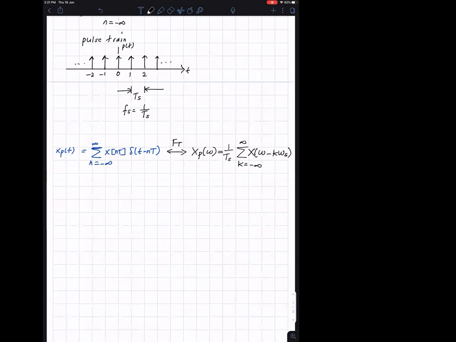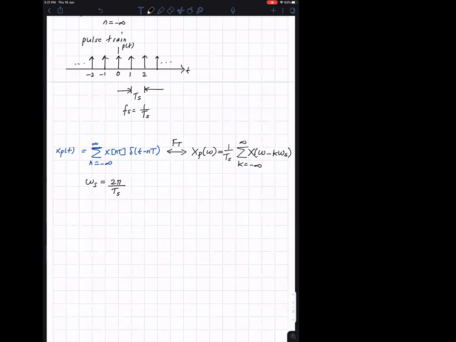Omega s is the sampling frequency corresponding to the sampling time. That's all you need to solve this problem.